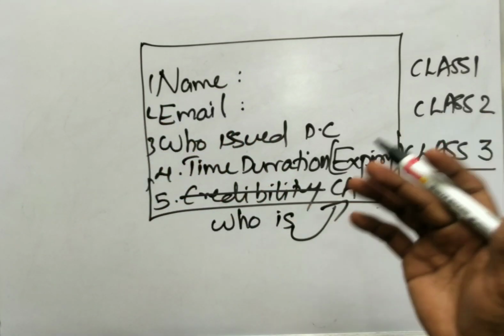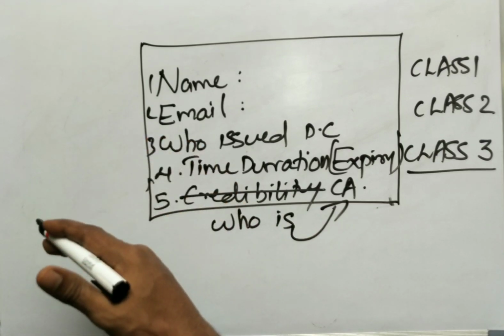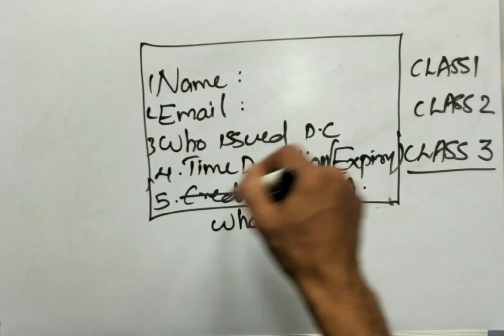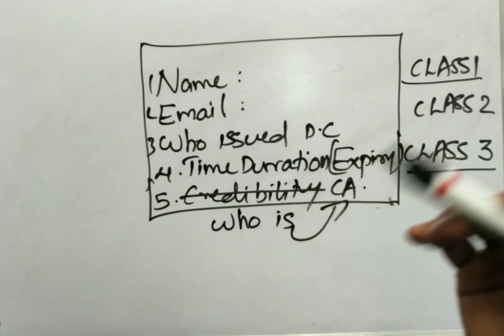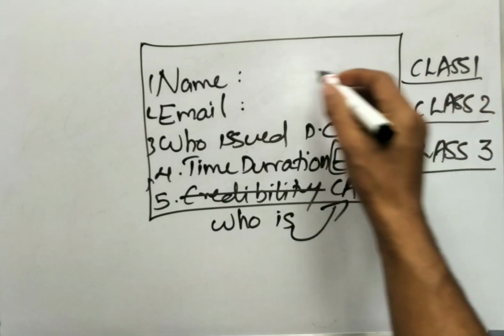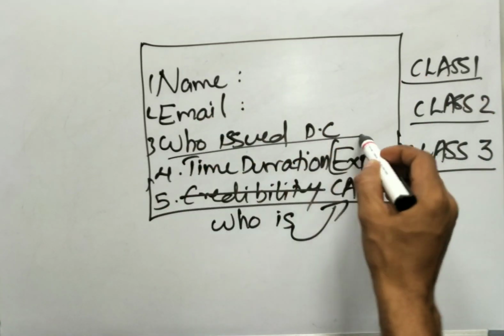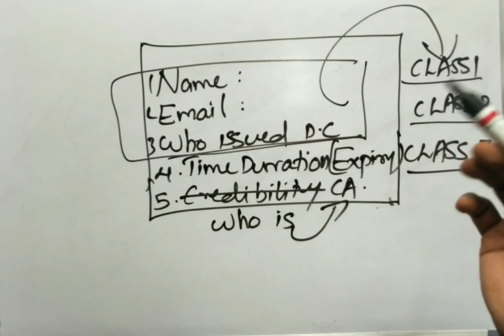So it is something like a driving license: if you want to drive transactions over the internet, you have to keep this digital certificate license with you, and according to the sophistication, class 1, class 2 and class 3 digital certificates are there. In class 1, just name, email and who issued, these three will be enough to get a class 1 digital certificate.